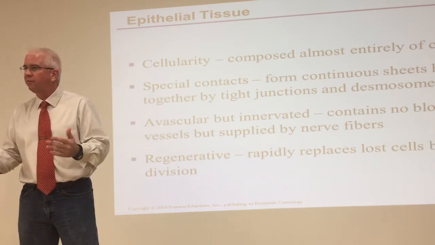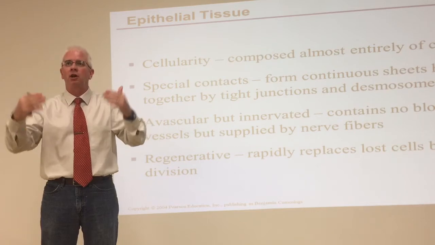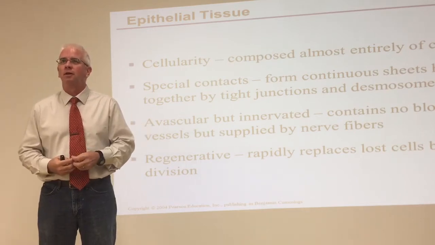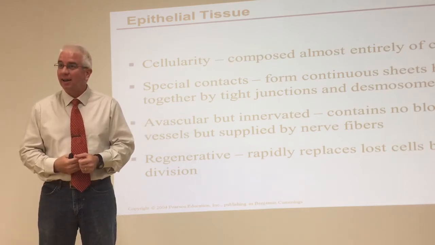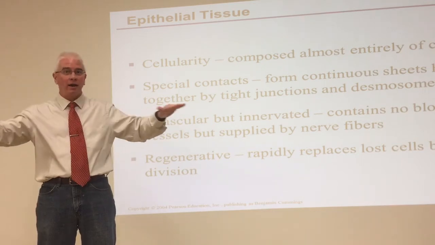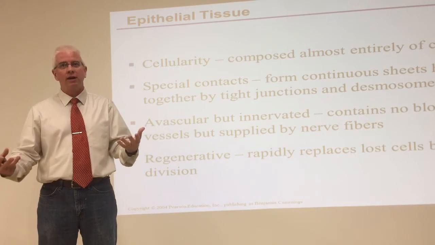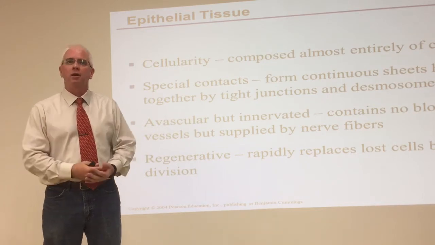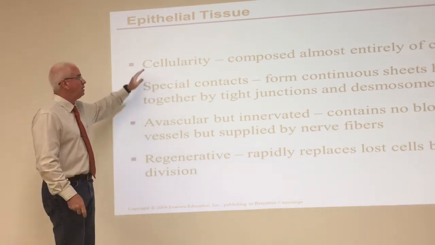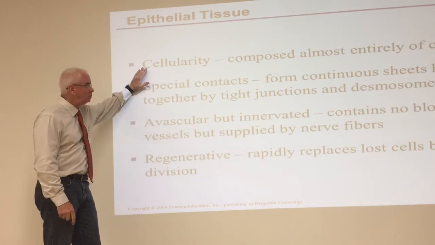Some places, these tissues will be stacked on top of each other. In that case, we'll call them stratified. And some places, there'll be one layer, we'll call that simple. Simple and stratified. Squamous, cuboidal, and columnar. These are our characteristics. We define the tissues based on the cells.